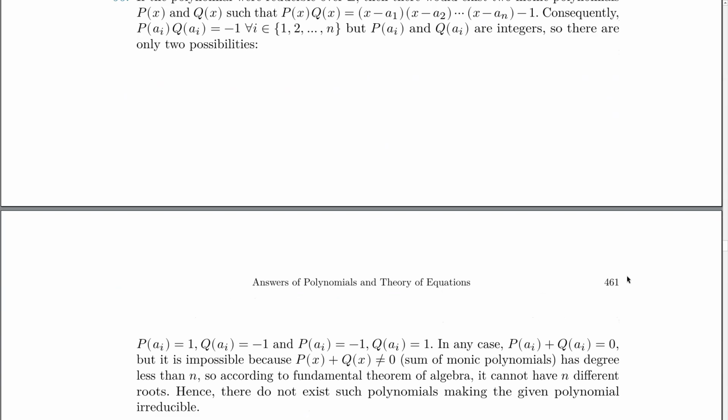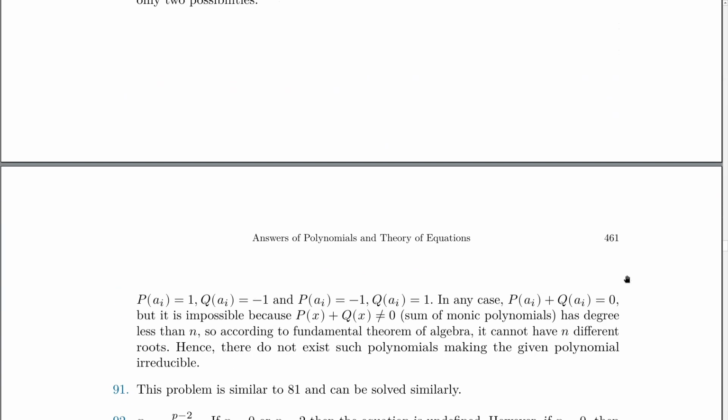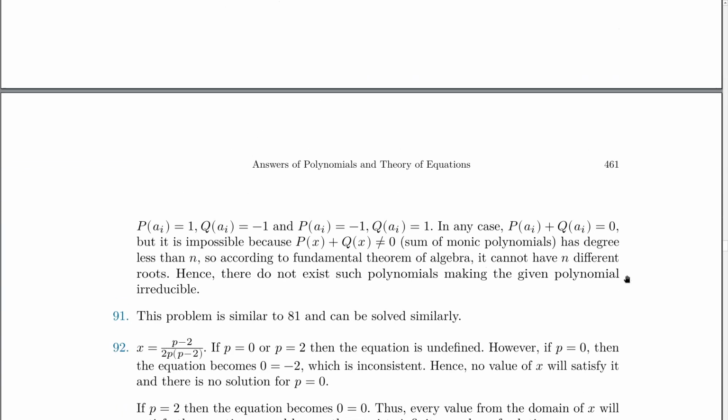It says: solve for x, and the equation is 2p into (p minus 2) into x is equal to p minus 2. So here x is equal to (p minus 2) by 2p into (p minus 2). Now if p is 0 or 2, then this expression becomes undefined.